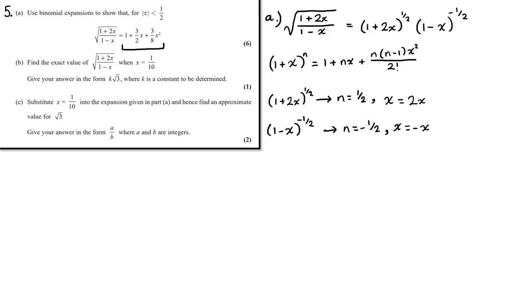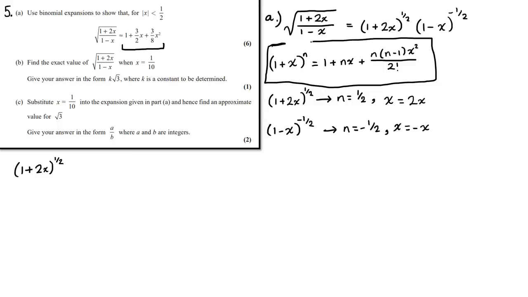So now all I need to do is find the binomial expansion for 1 plus 2x to the power of a half, do the same for 1 minus x to the power of minus a half, and then times them together. So let's start with 1 plus 2x to the power of a half. Like we've just said, all we need to do is use this formula here. So if we just highlight this, this is what we're going to be using.